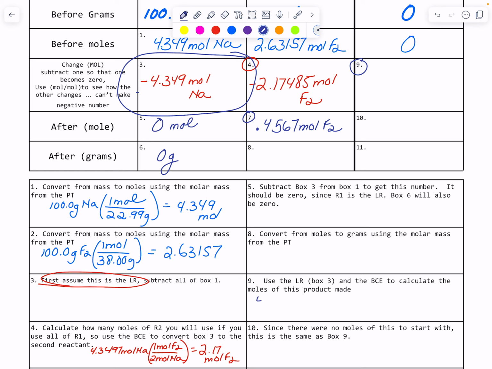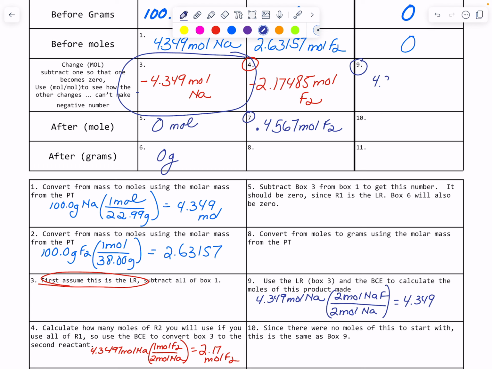So if I use up 4.349 moles of sodium, according to the balanced chemical equation, I will make 2 moles of sodium fluoride for every 2 moles of sodium that I use. So that means that I will make 4.349 moles of sodium fluoride.